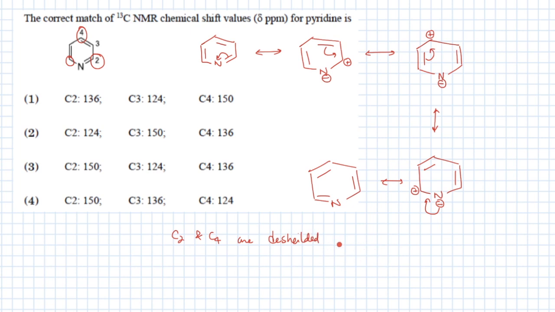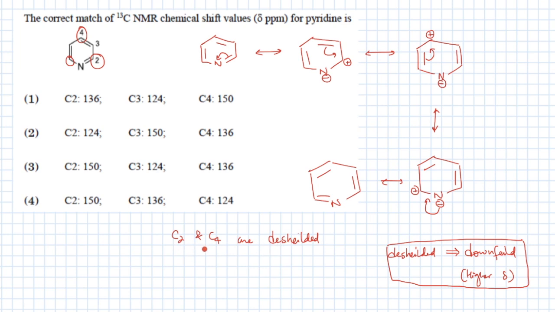And remember, whenever you are calculating NMR in the form of chemical shift, anything which is de-shielded, a particular group or proton or carbon, is going to give you the chemical shift downfield. Downfield means a higher chemical shift value, a higher delta value. So a de-shielded group is going to give you a higher chemical shift value. That means C2 and C4 will have a higher chemical shift value.